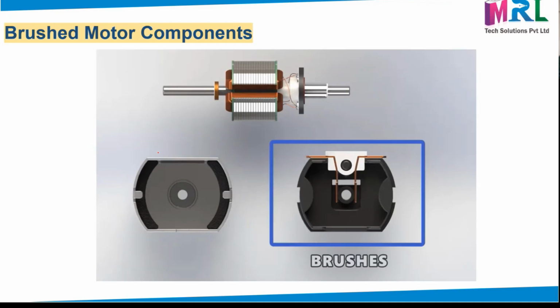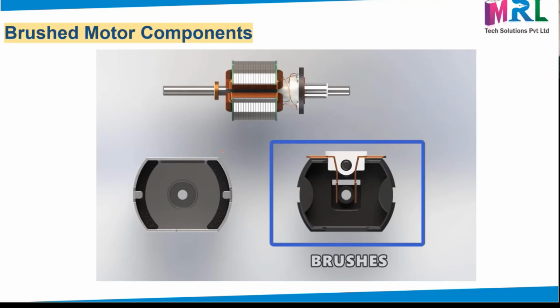Another one is brushes. That's why it is also called a brushed motor. You have two brushes here, two knobs in your motor. Here you will connect positive and negative and give the supply to your electric motor. That area is called brushes.